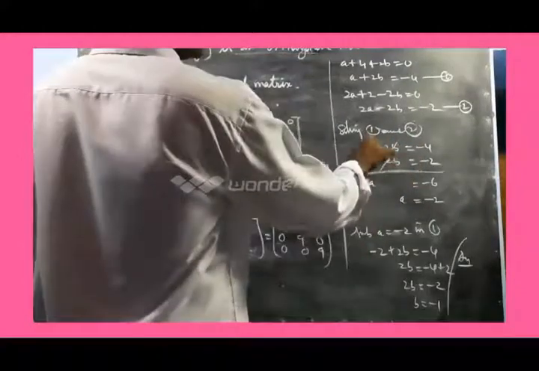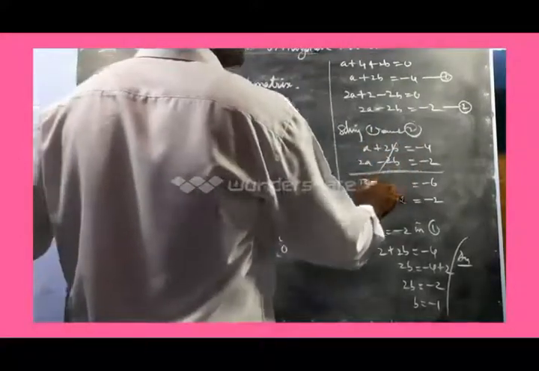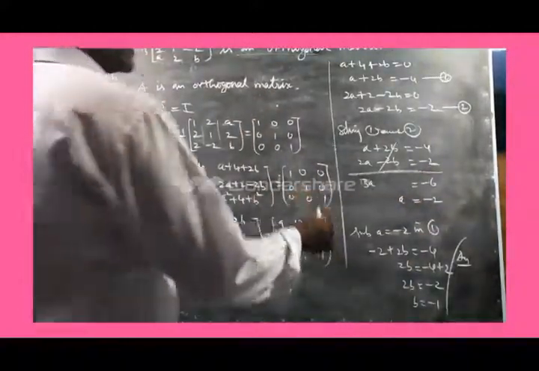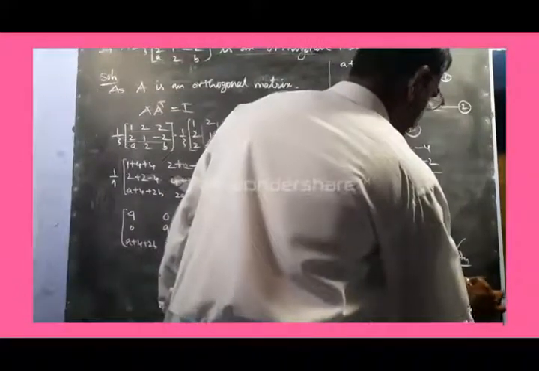Adding, 3a equal to minus 6. Therefore a equal to minus 2. Put a equal to minus 2 in equation 1: minus 2 plus 2b equal to minus 4, so 2b equal to minus 2, b equal to minus 1. Therefore a equal to minus 2, b equal to minus 1.